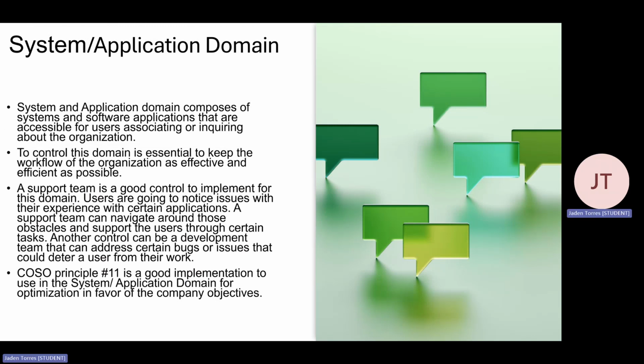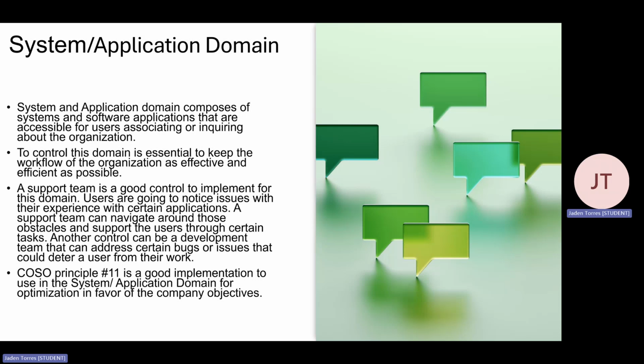And finally, we have our system application domain. This domain is composed of systems and software applications that are accessible for users associating or inquiring about the organization. To control this domain is essentially to keep the workflow of the organization as effective and efficient as possible. One of the controls I believe will be perfect for this is a support team.